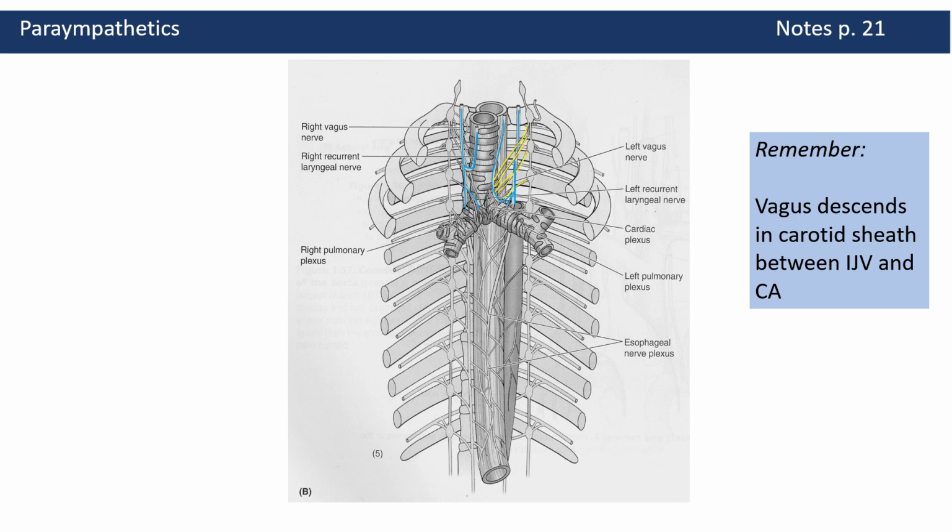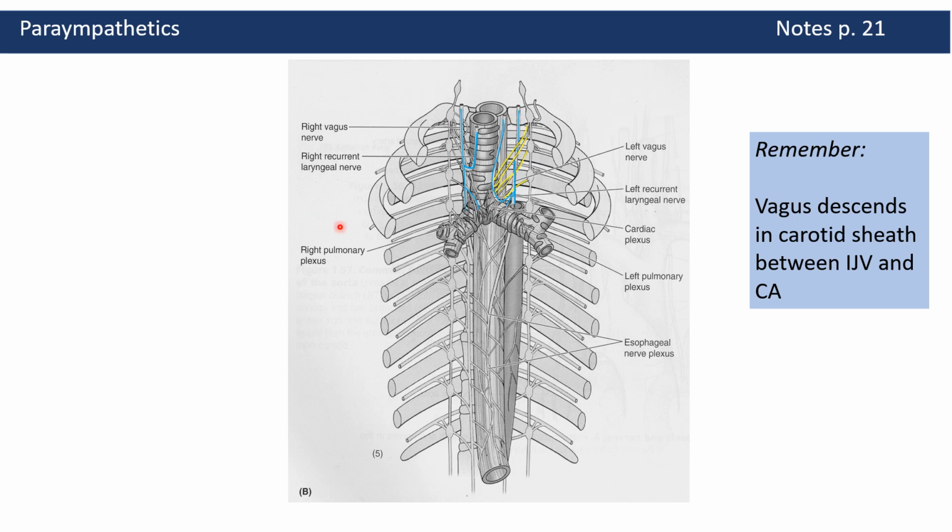All right, in terms of parasympathetics, that's largely due to branches of the vagus nerve. And so the vagus descends in the carotid sheath between the carotid artery medially and the internal jugular vein laterally.